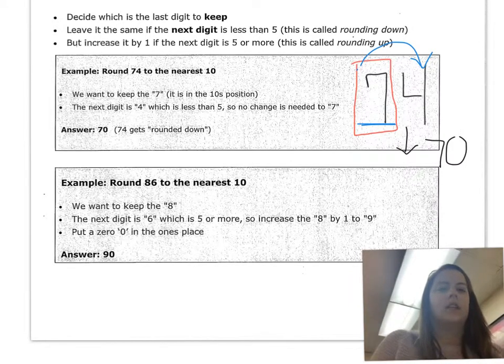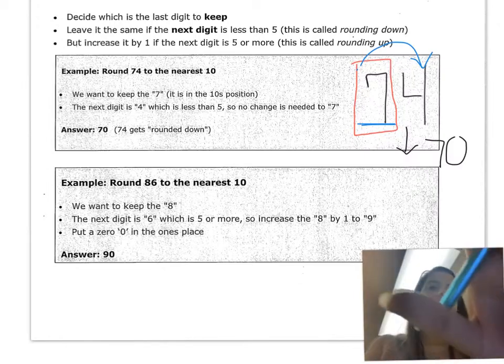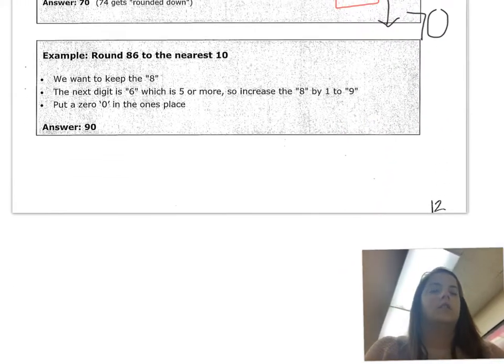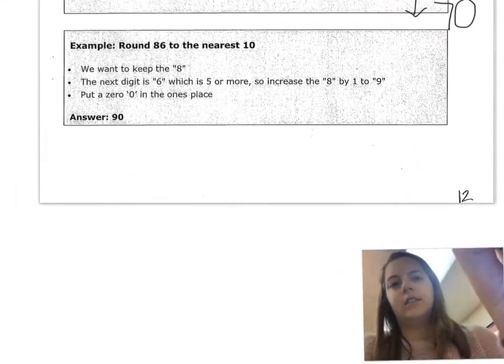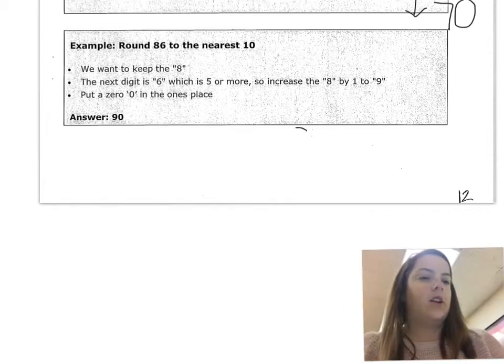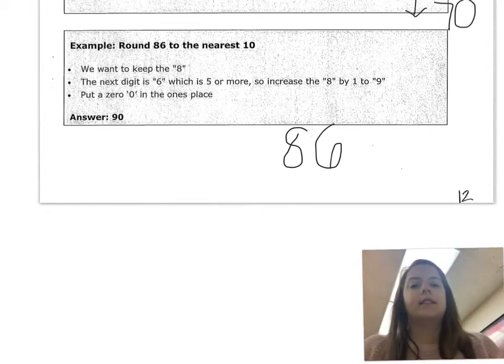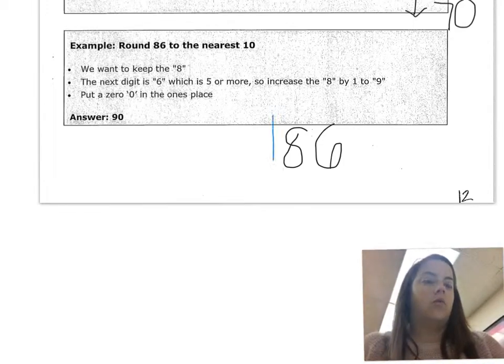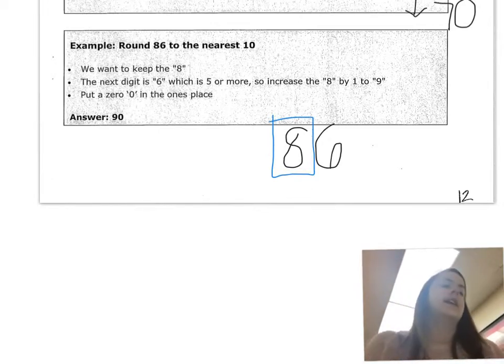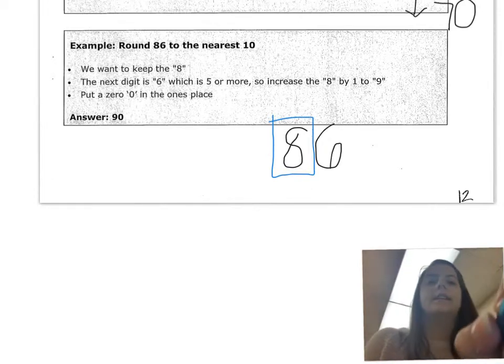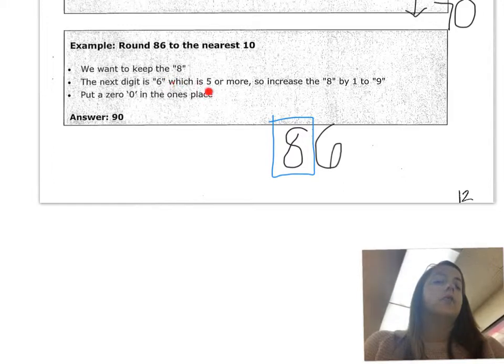Kind of tricky. They're not easy by any stretch of the imagination. Let's look at this one: 86 to the nearest 10. So 86 is our original number. What number do we want to keep? Because it's asking us to round to the tens, we're going to keep the 8 because that's in the tens spot. Now, the next digit here is a 6, which is 5 or more.